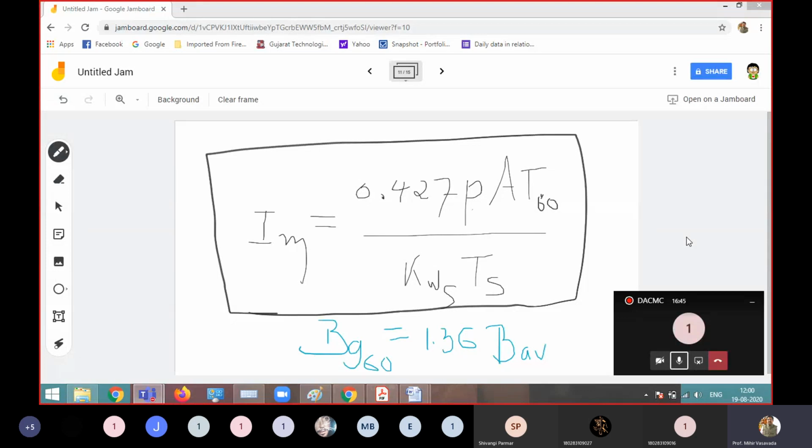P is the number of poles, Kw is the stator winding factor, and Ts is the stator number of turns. Clear, has everyone written this? Then we'll go to the data.